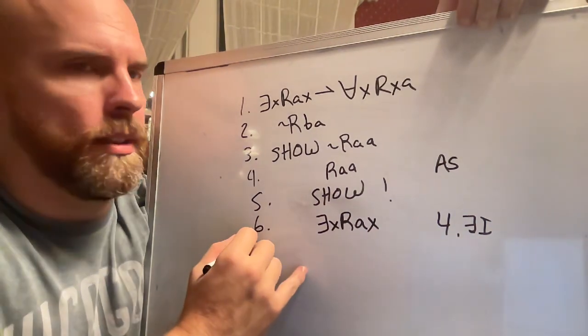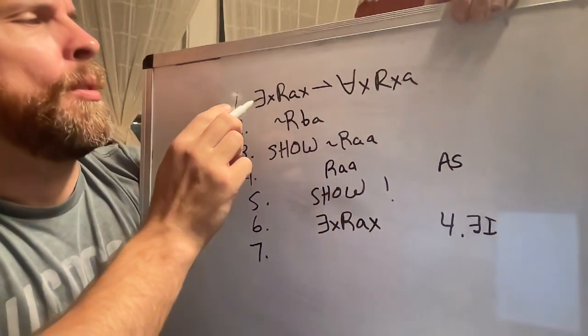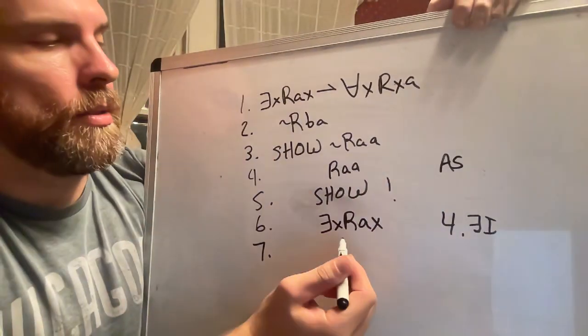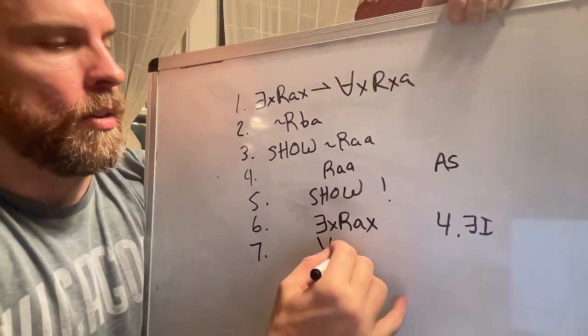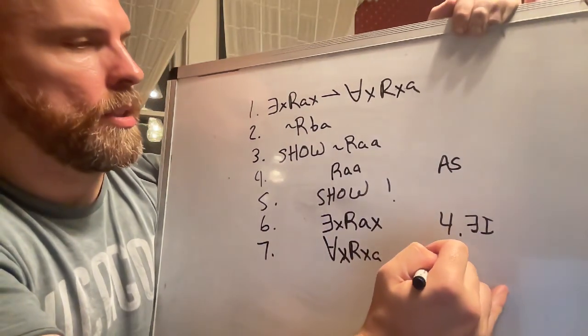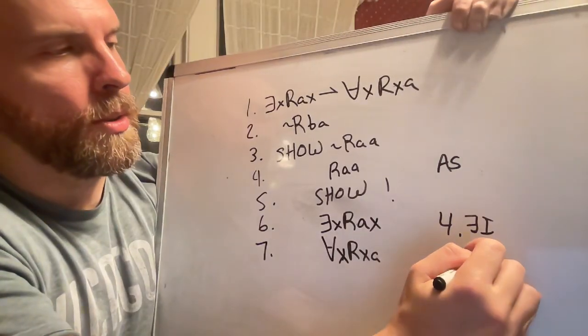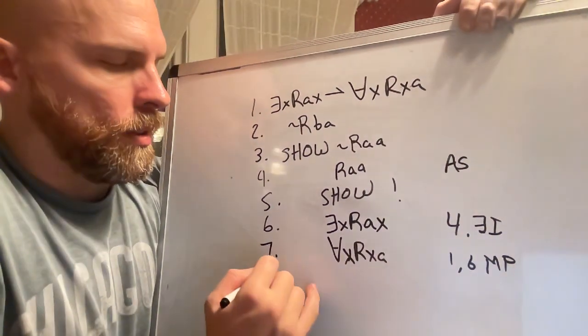Now, on line 7, I'm going to use line 1 in combination with that, and I'm going to infer RXA, and this is just our good old friend, 1,6 Modus Ponens. Now it should be pretty clear where I'm going.